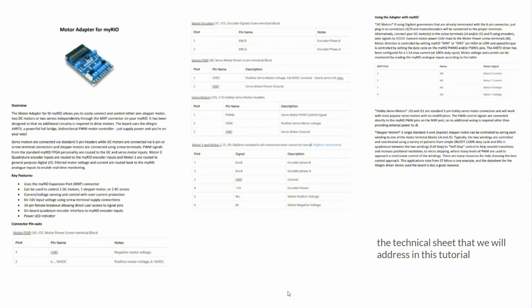So, in the example, we have a datasheet of the MyRIO motor adapter. It has 3 pages. The first has the overview, key features, and connector pinout, showing you the adapter with MyRIO.